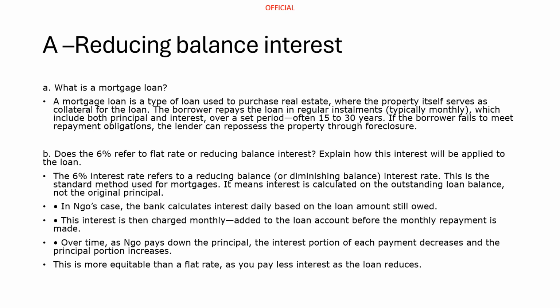This method is more cost-effective than flat rate interest because total interest paid declines over the loan period. So although the rate is fixed at 6%, the reducing balance method makes the loan progressively cheaper as it's repaid.